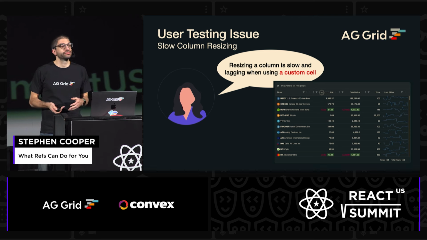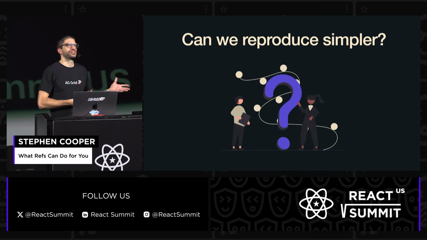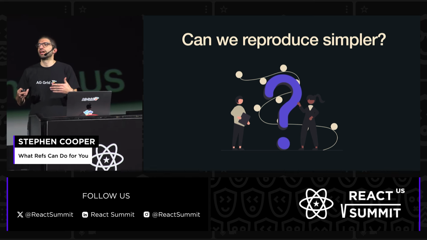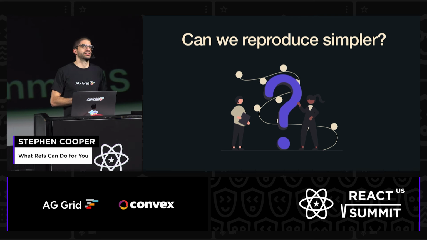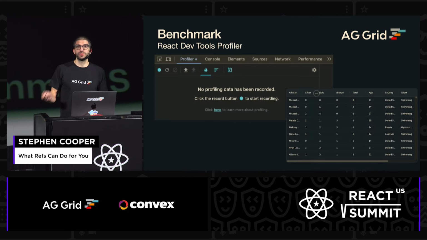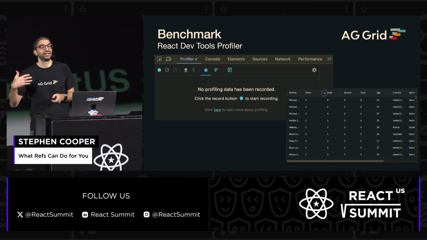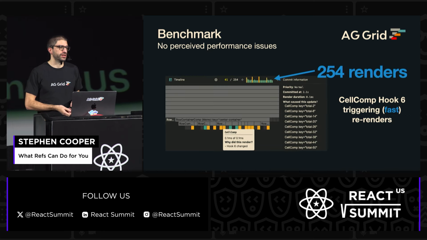Let's investigate. Before we jump into the complicated case of this situation, let's take a step back and see, can we actually reproduce this in a simpler case and see if there's any performance issues there? So we opened up React DevTools. I took away all the custom cell renderers. So here we're just rendering plain text cells, moved the column around, and recorded the profile.